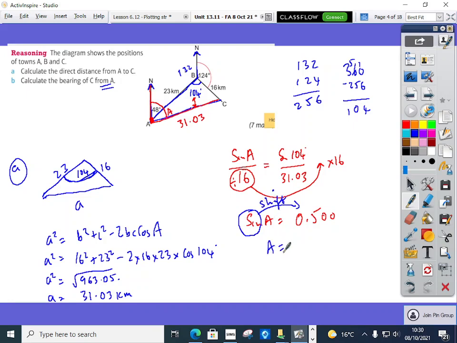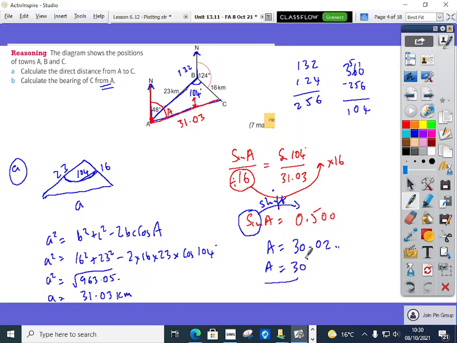Once I press that, I get answer, shift answer, and I should get 30.02, etc. Now because I said it's three significant figures, I'm just going to call that 30 degrees.